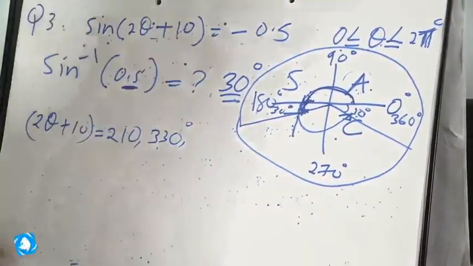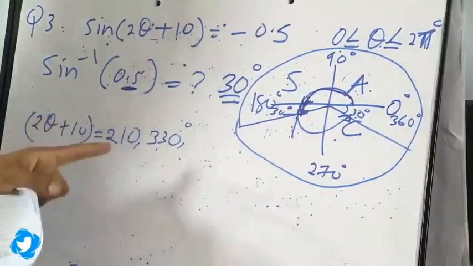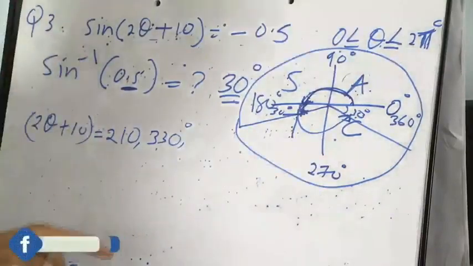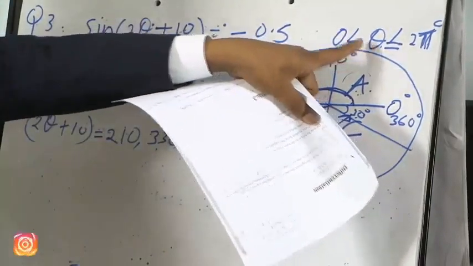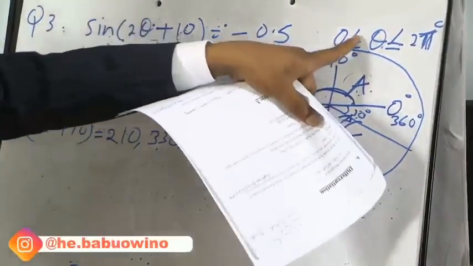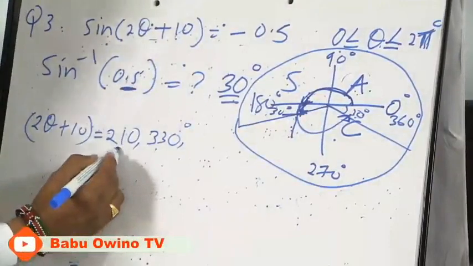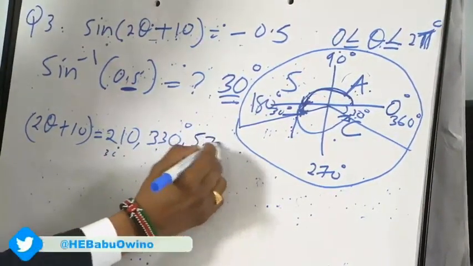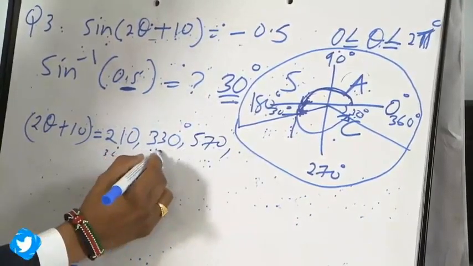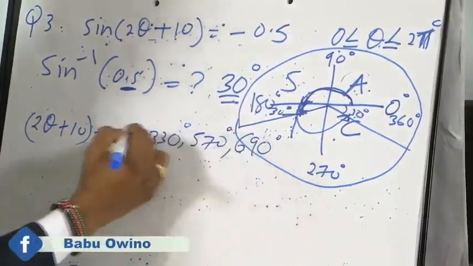Then, something interesting, you make one complete rotation and add it to the available angles so that we get all the angles, because we've been told that our theta is greater than 0 but less than 2 pi radians. So when you take 360 and add 210, you get 570, which is another angle, and then you add 360 here, you get 690, which is our other angle. These are in degrees.